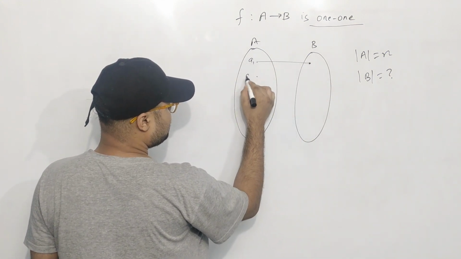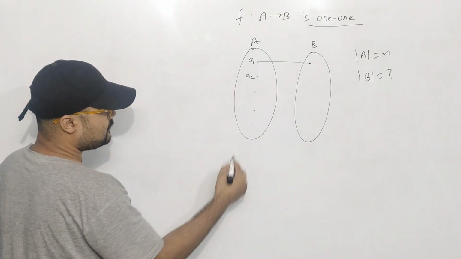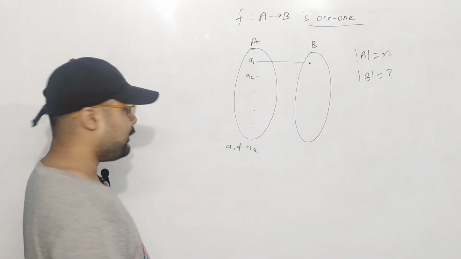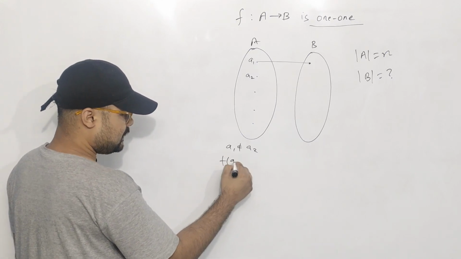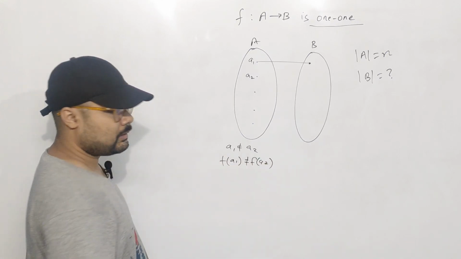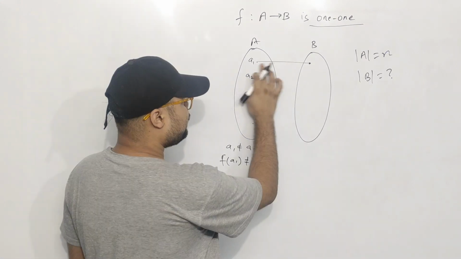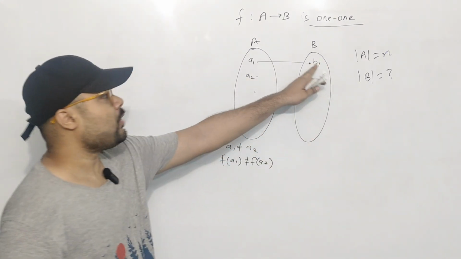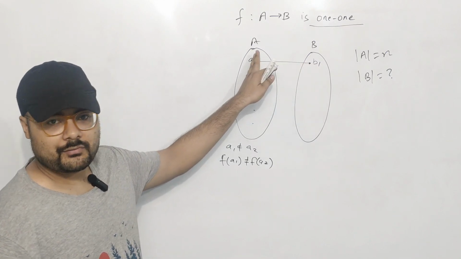If this is your A1 and this is your A2, A1 is not equal to A2 means that f of A1 is not equal to f of A2, right? If A1 is mapped to, let's say, B1, now B1 cannot have any pre-image other than A1.